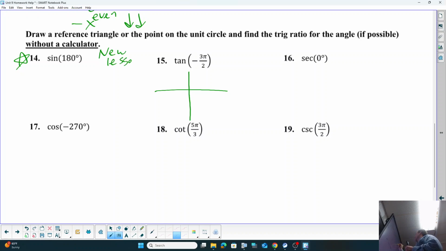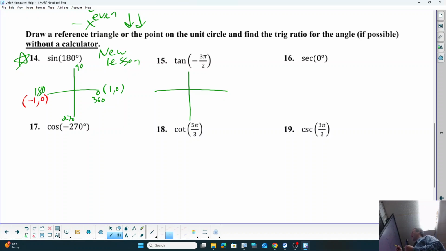Our new lesson. So basically you have a unit circle, and this is going to be 1, 0. And then we have 0, 90, 180, 270, 360. That's 1, 0. Over here would be negative 1, 0.